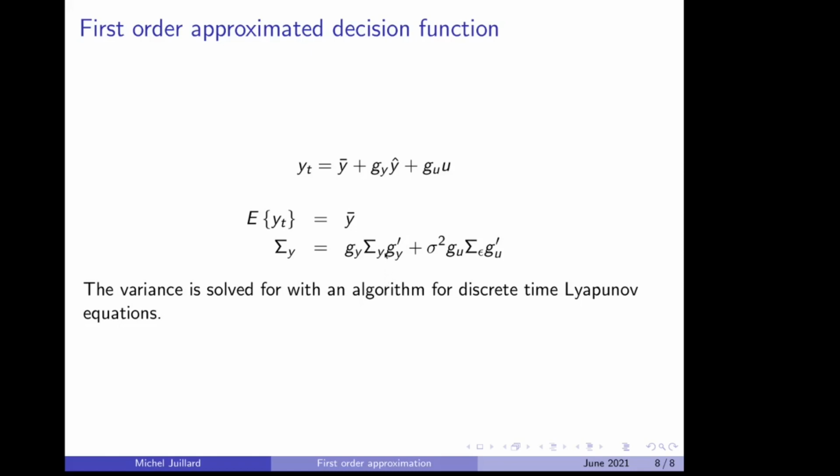So such an equation is in fact a discrete time Lyapunov equation and must be solved with an appropriate algorithm. So now you see briefly how to derive the first order approximation of a DSGE model.